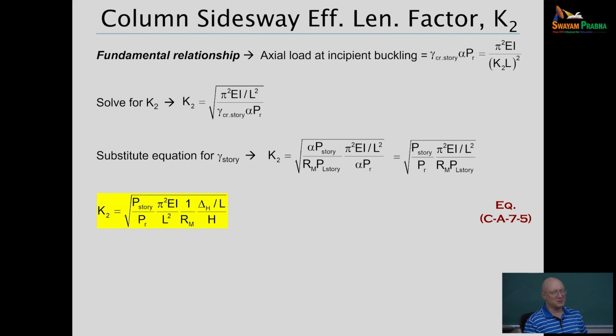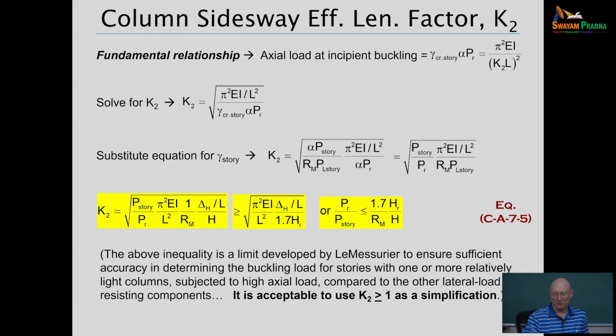Now, this derivation has its limitations, and we'll explore those a little bit with one of the frames tomorrow. You can have a situation where you start having a light column that's getting a small effective length factor. It may be erroneous because of the approximations with dealing with small delta in this derivation.